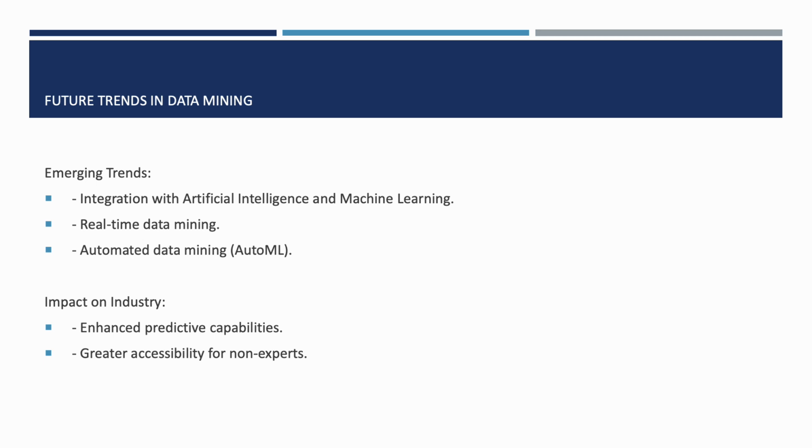So we have greater accessibility for non-experts also. So these trends are making data mining more efficient, powerful, and accessible, helping businesses unlock even greater value from their data in the years to come.